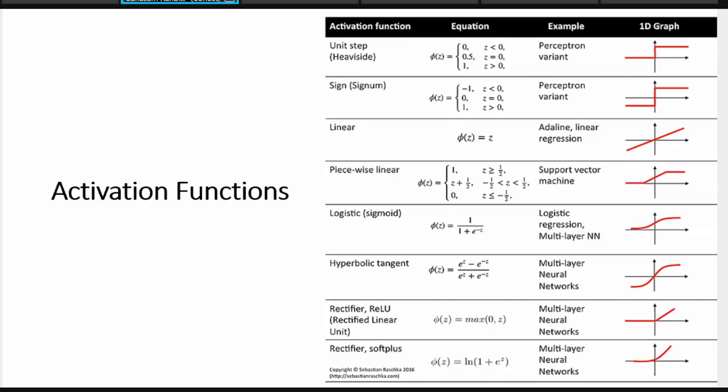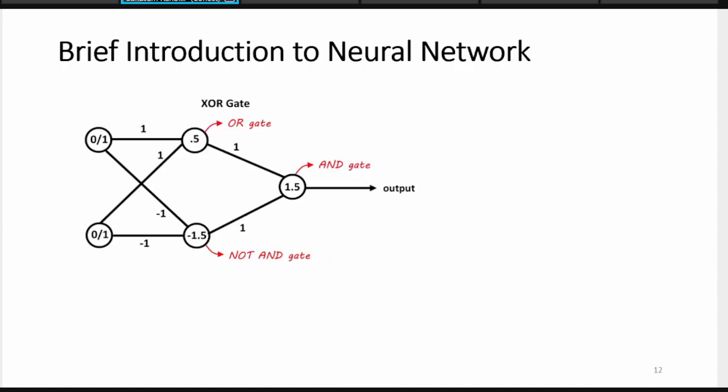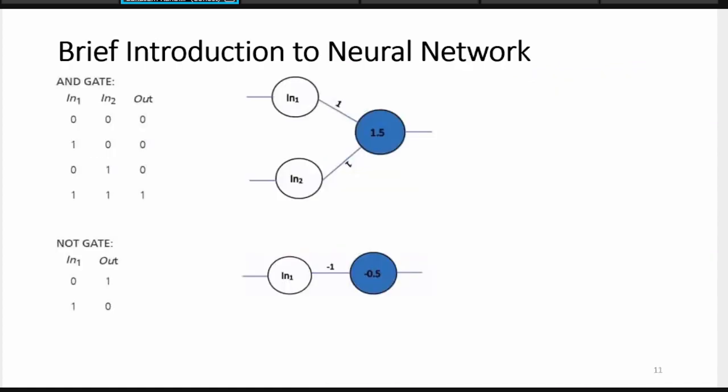The red plots you are seeing here show the output values for each of these activation functions. With this basic understanding, let us try to build very basic neural models for performing very simple operations. Generally, these are the very traditional examples that we take to explain neural networks.